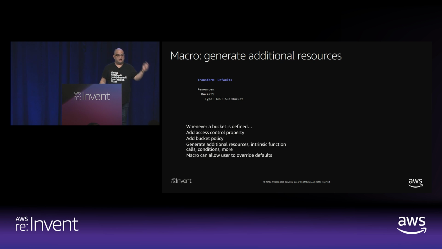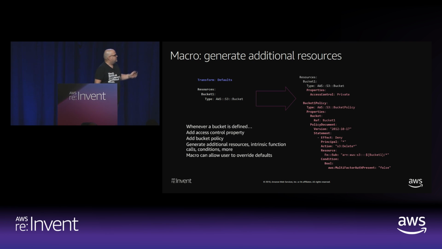And I can generate additional resources that have nothing to do with that S3 bucket. And I can generate additional logic, including conditions, intrinsic functions, and more. I can even allow my macro, if it's fancy enough, to say, if you don't pass me any other parameters, do this. But if you pass me some override parameters, do something different.